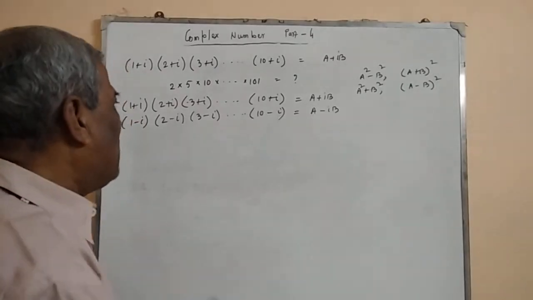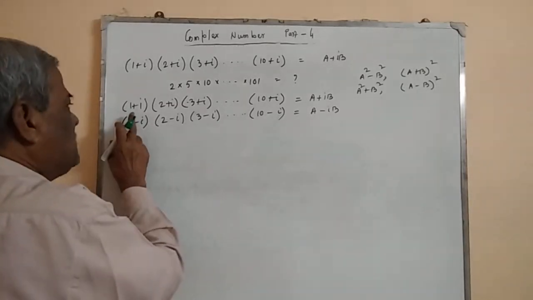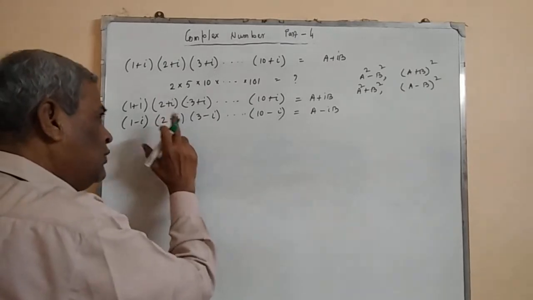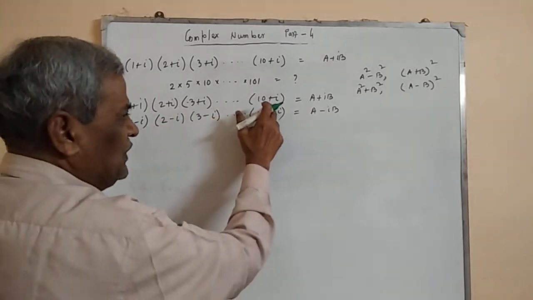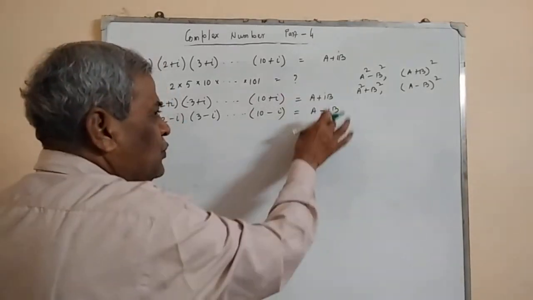Now multiplying these two relations term by term, first you multiply this into that, this into that, up to this into that. Right hand side it will be again this into that.